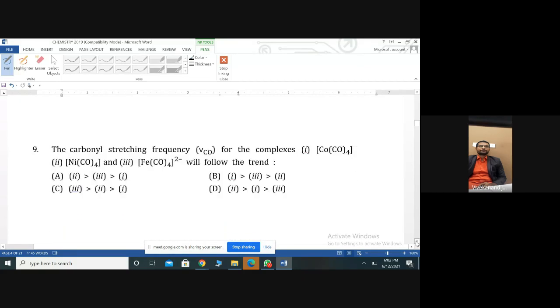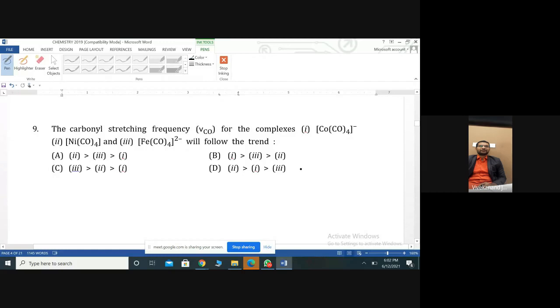Question number 9. Carbonyl stretching frequency for the complex.